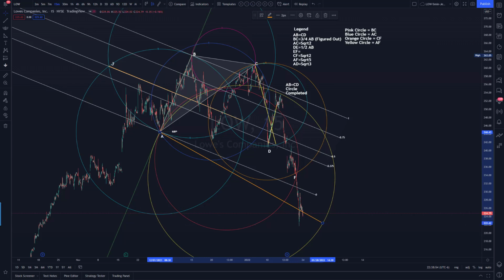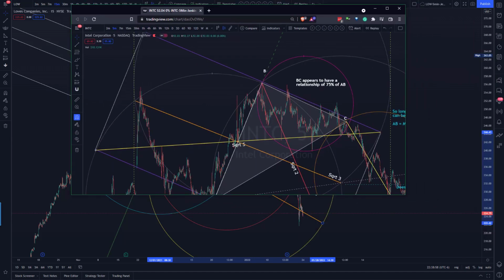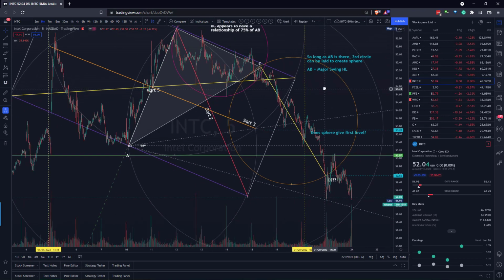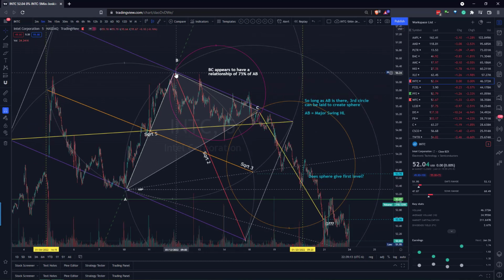And then on that other chart from Intel that I did, pull that over here. I was trying to figure out where D was at, and we still shot through it a little bit. But that nailed. And then there's my circle again for B to C, which I was expecting a touch. Well, the closest lower high was here to that edge.